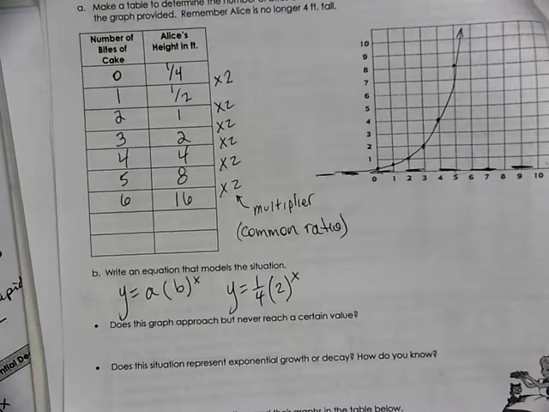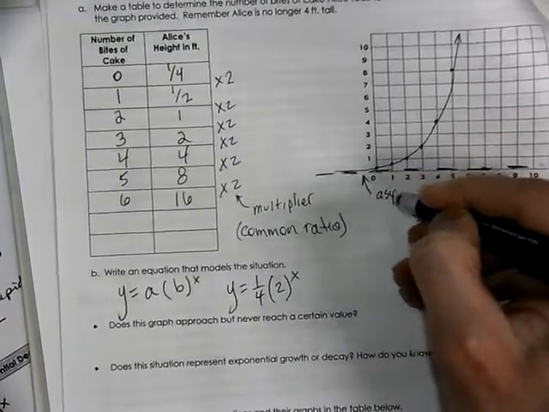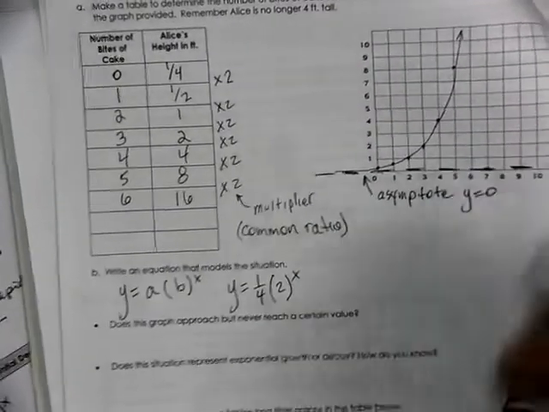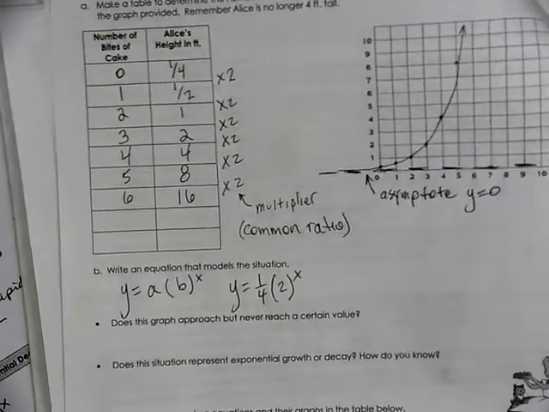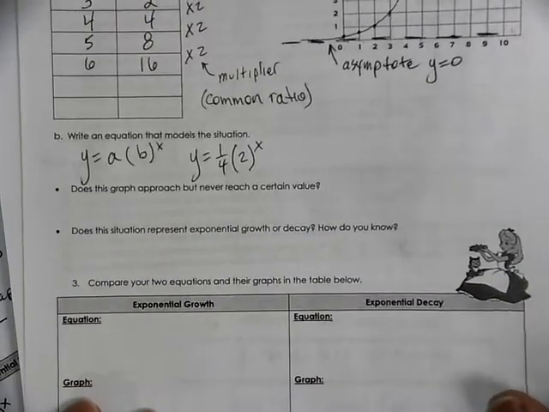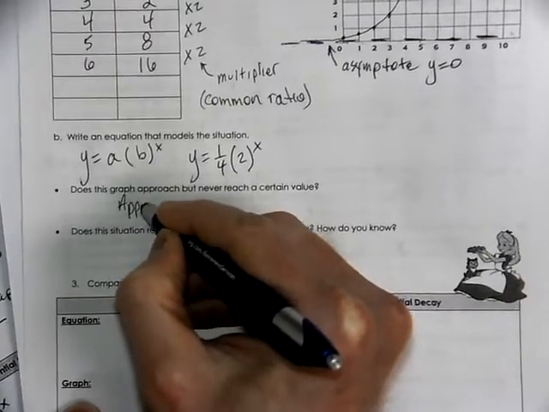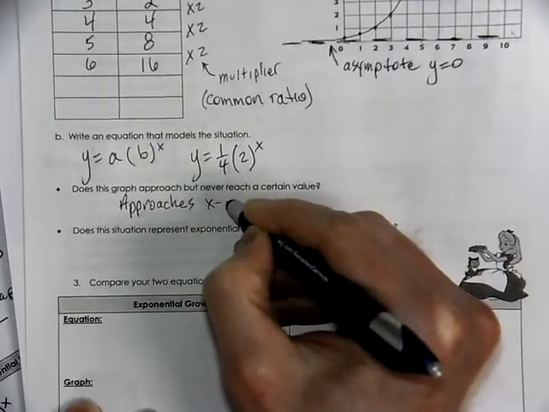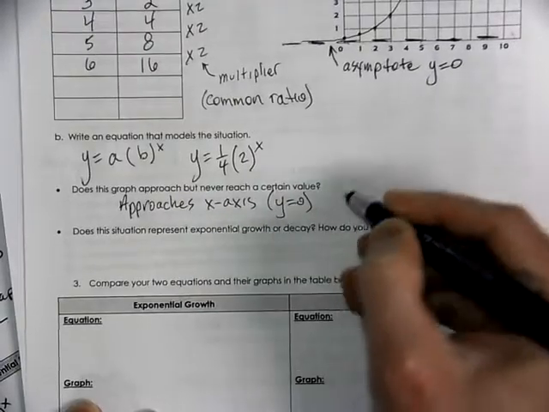You can't take negative bites, but mathematically, we would have a horizontal asymptote at y equals 0. So, approaches the x-axis, which is y equals 0, which is our asymptote.